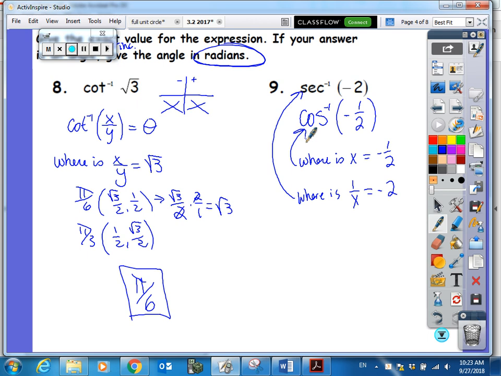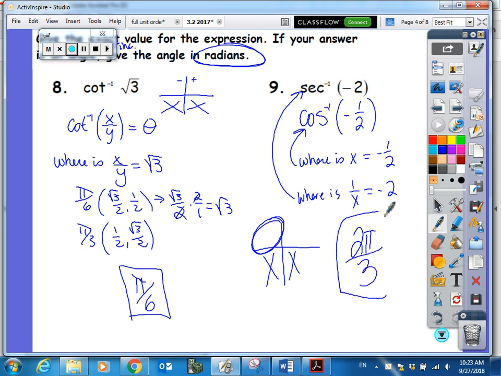If you cross multiply and solve for x, you get the same thing. All right, so we're in quadrants either 1 or 2. It's negative, so we're in 2. So we're looking for where is x equal to negative 1/2 in quadrant 2. Look at your unit circle, and you get 2 pi over 3.